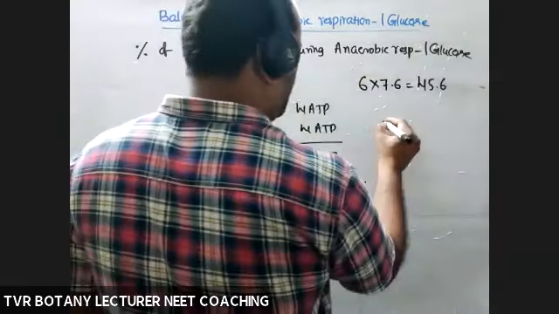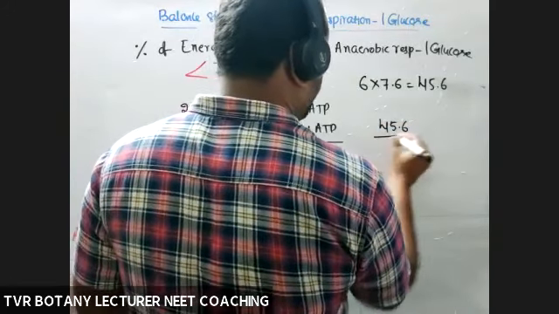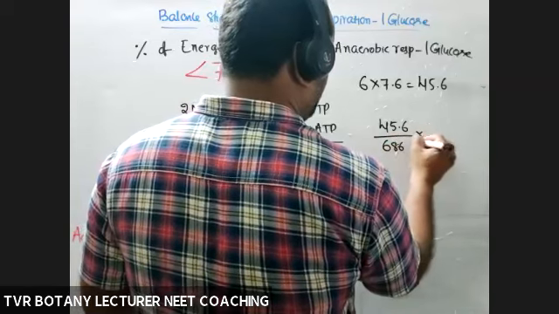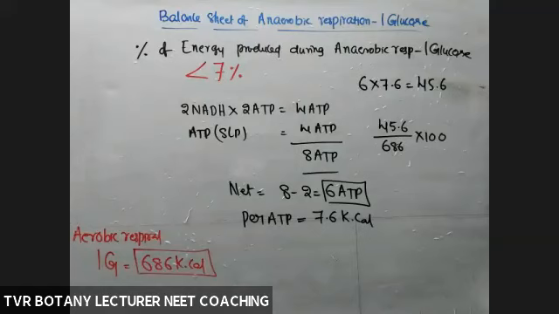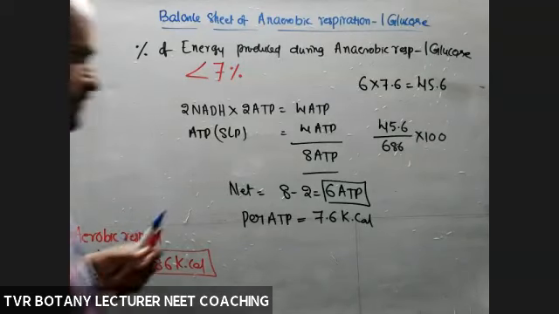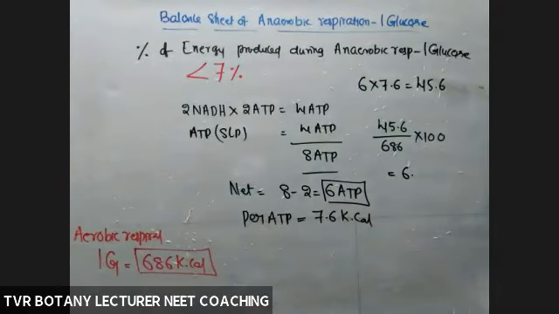Now, 45.6 divided by 686 into 100. Simplify it fast. Is it correct? So the value is 6.64%.